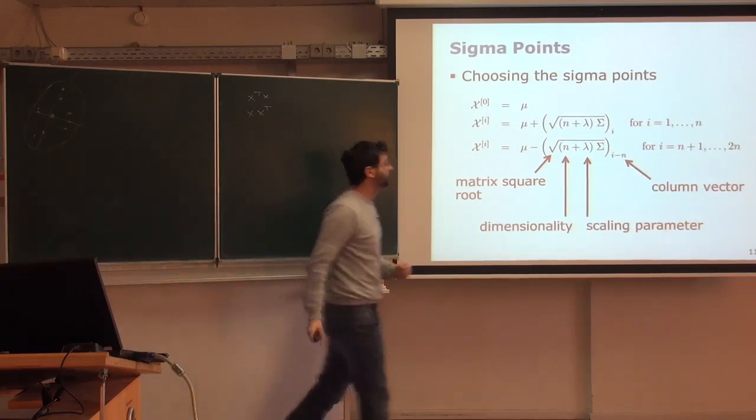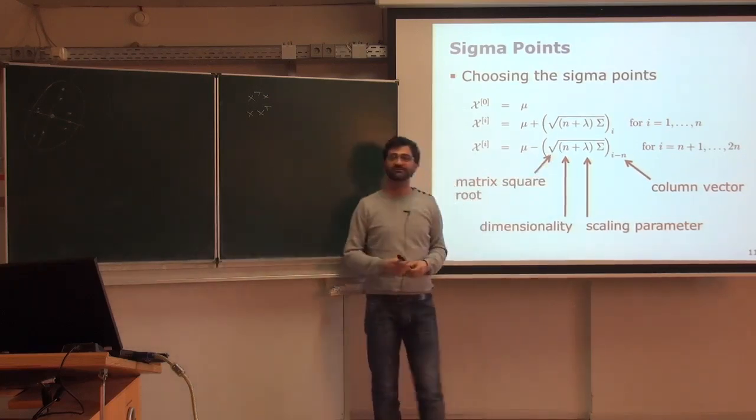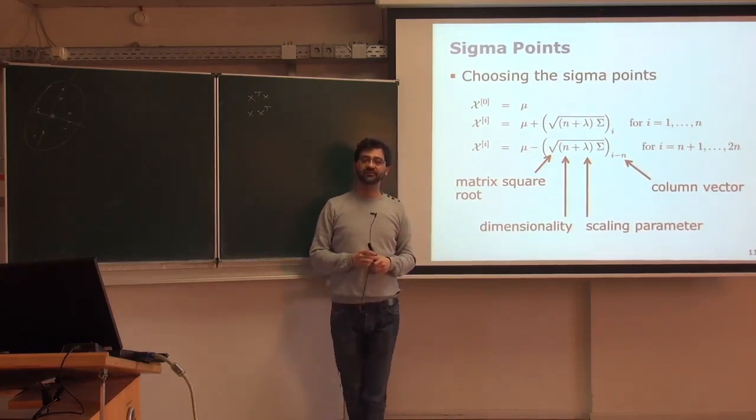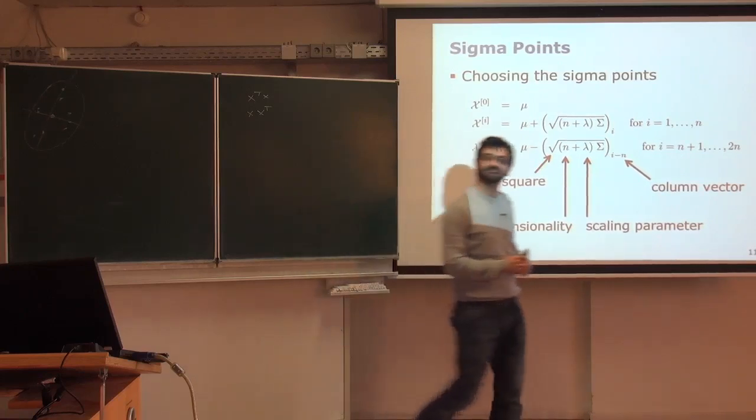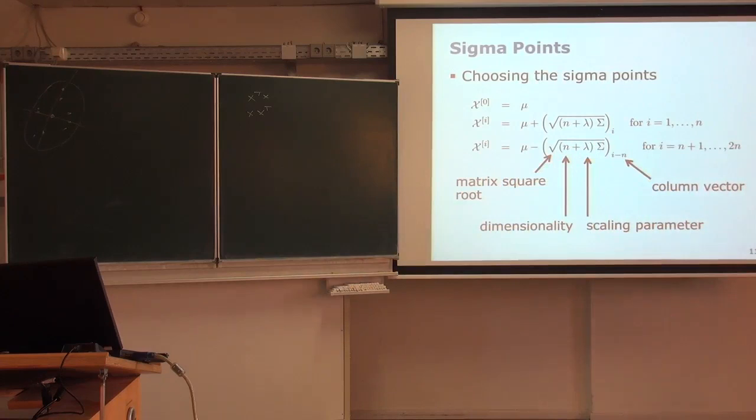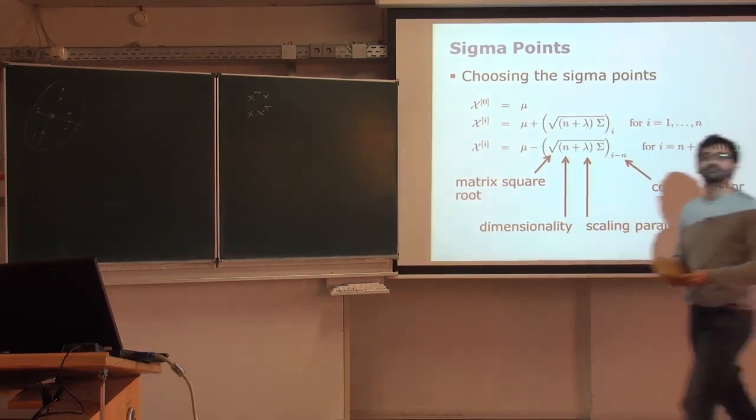Okay. So, do you know how to get the square root of a matrix? Or what is a square root of a matrix? Any idea? I mean, what is a square root of a number?